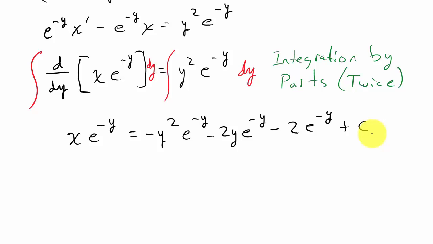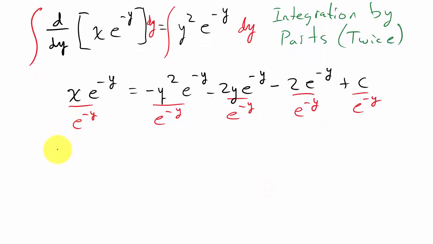Okay, so now let's just come over here and solve this thing for x. So I'm going to divide everything by e to the negative y. And that will give me x equals negative y squared minus 2y minus 2 plus, and then I'm going to move this up into the numerator, c e to the negative y.